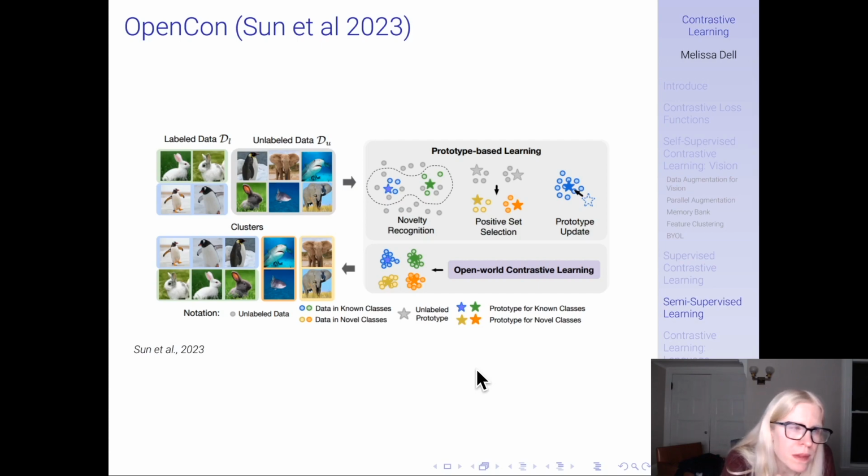Here the blue and green are labeled data, the stars are the prototypes, and those gray dots are unlabeled data, so they come from our big unlabeled data set. But based on the clustering, some of those gray dots, we think they're actually rabbits or penguins. And so they get clustered into the same group, and we update the prototype based on that.